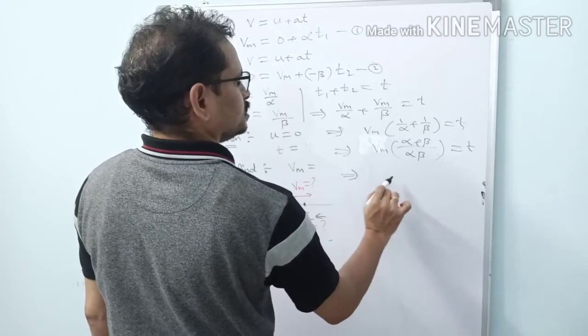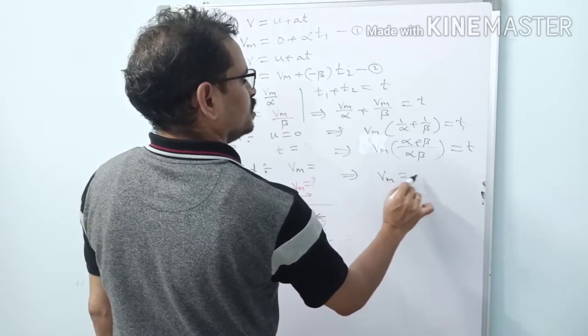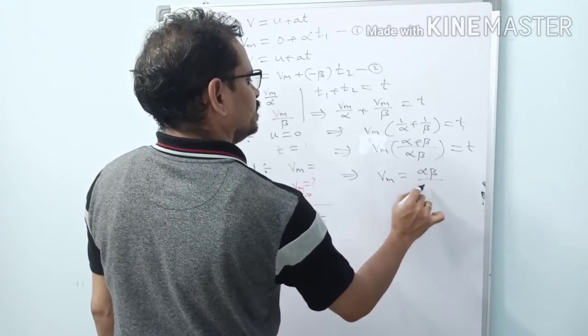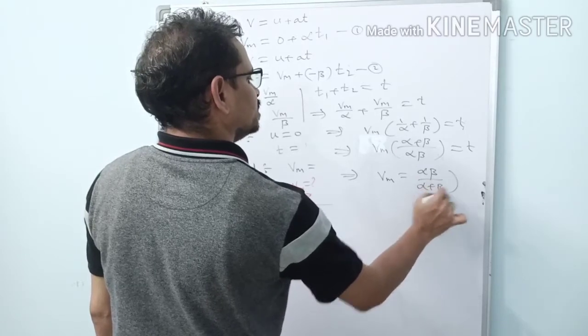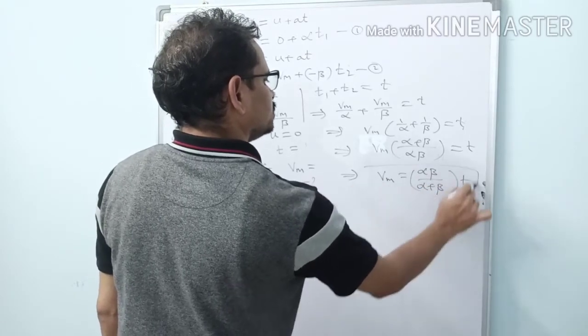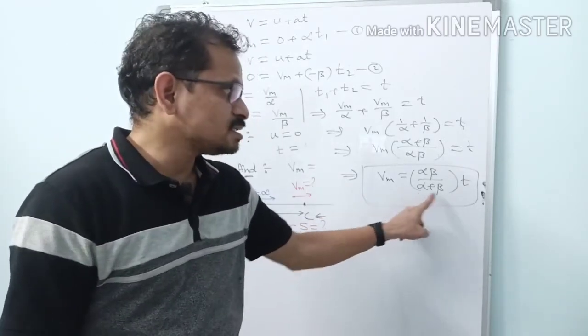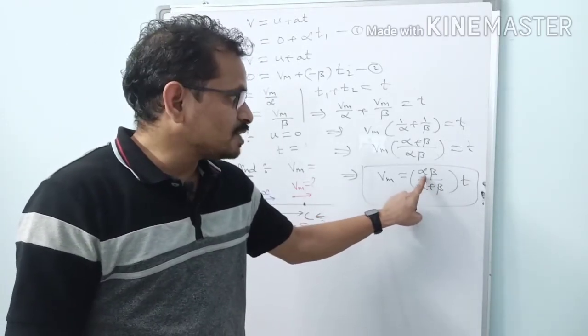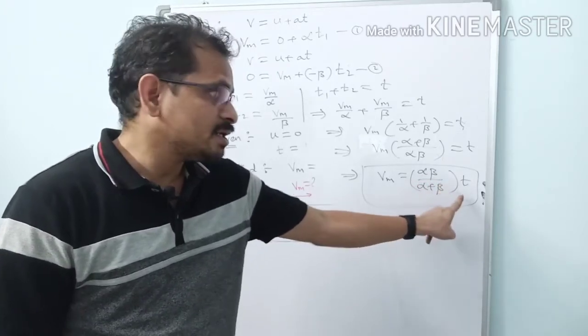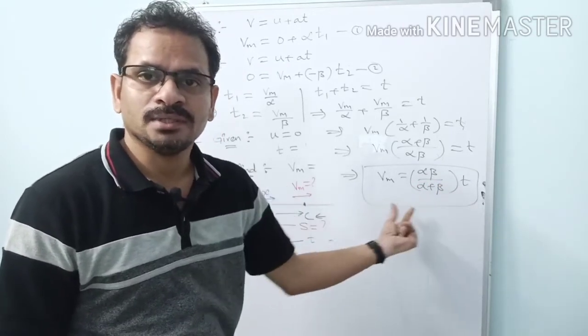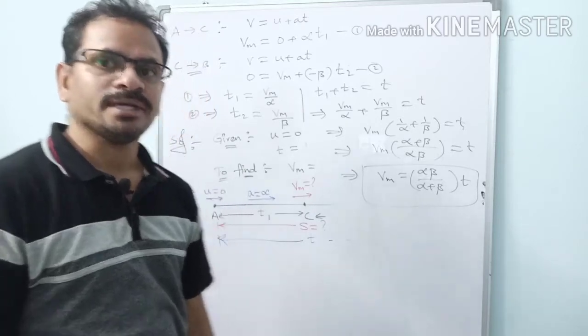So Vm equal to alpha beta by alpha plus beta into t. See what I told you? The answer must be in the given quantities. Alpha is a given quantity, beta is given, time t is given. We got the answer in given quantities only.